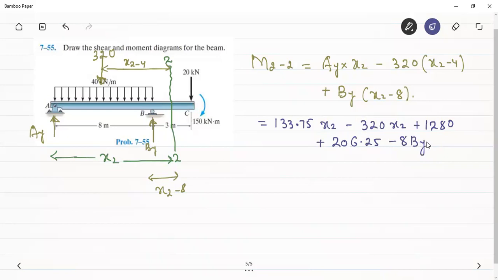So this will give us the variation of the bending moment, and we can see that this gets simplified to minus 370 plus 2x2.